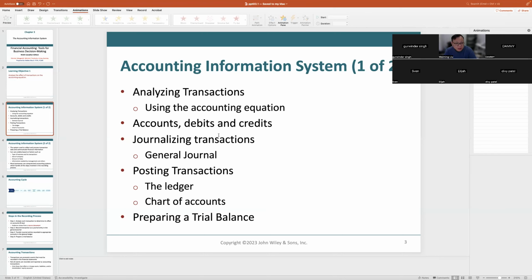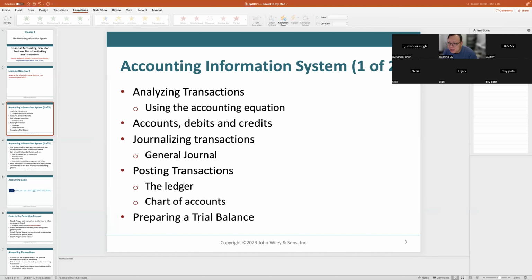Once you have this analysis, you are going to make a journal entry. We say this is journalizing the transaction. We always say we make an accounting journal entry. And then these journal entries will be posted to the general ledger. The general ledger contains all the information of different accounts.